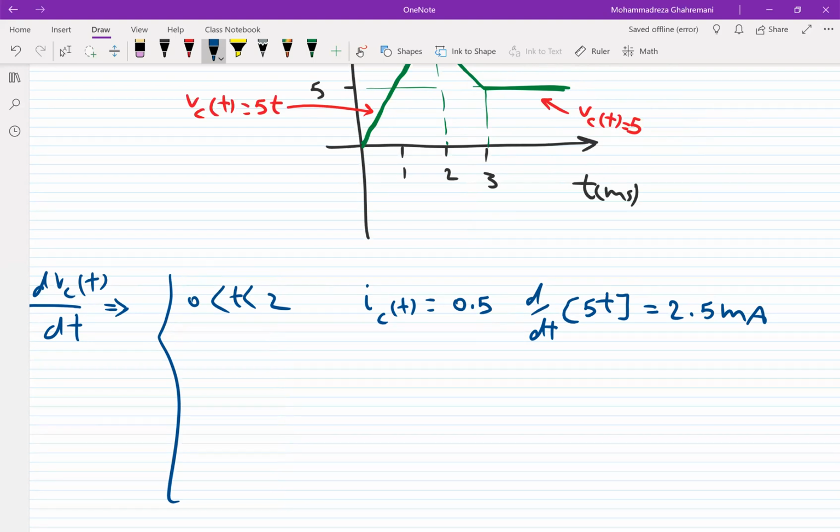So this is the current for t from 0 to 2.